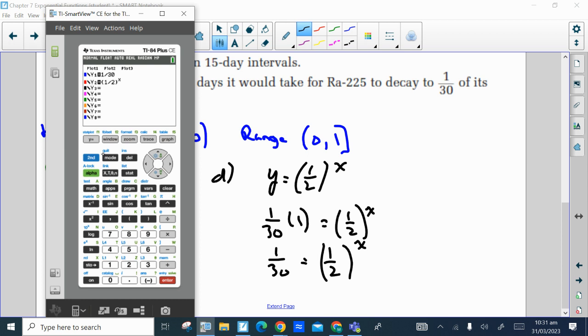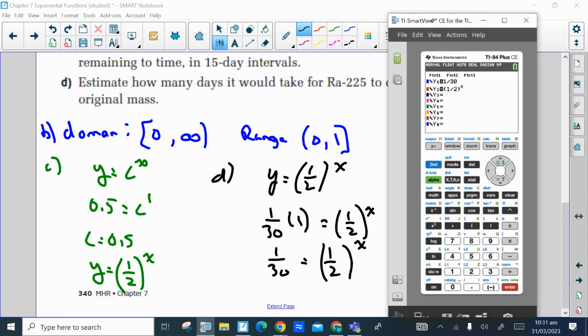Okay, our domain kind of told us what our x min and max should be. If we look at our windows, our domain goes from 0 up to positive infinity. Maybe I'll go from -1, and I don't know what my max should be. Let's put it at positive 10 for now, and I'll set my x scale at 2.